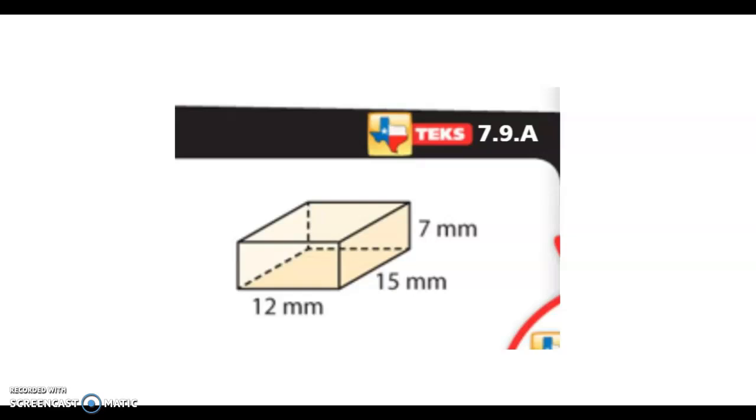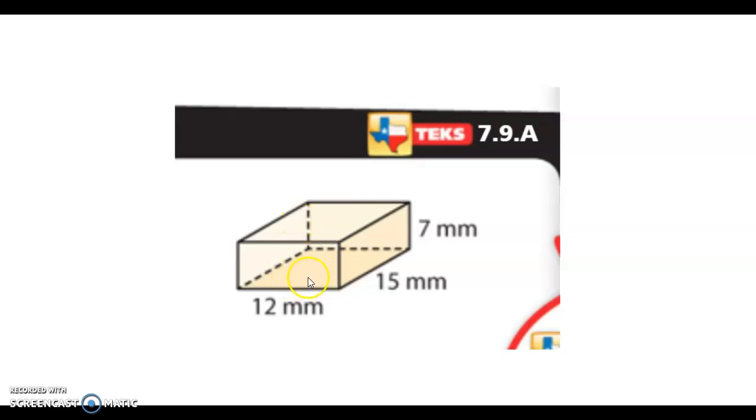All right. So if we look at this particular prism, we know that this area here at the bottom is going to be the base. That will be the surface. So for example, if this were a tissue box sitting on a table, this is the area that touches the table, the bottom of your box. We know also that the parallel plane, this area here, is parallel to this base here.